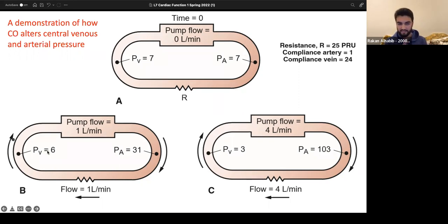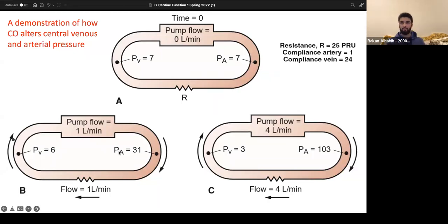The reason it decreases into 6, now this is a bit confusing, is because he says here that the compliance of artery is 1 and the compliance of vein is 24. Basically, how I understood it is that the artery itself has a resistance 24 times more of the vein. So the artery has 24 times more resistance than the vein.